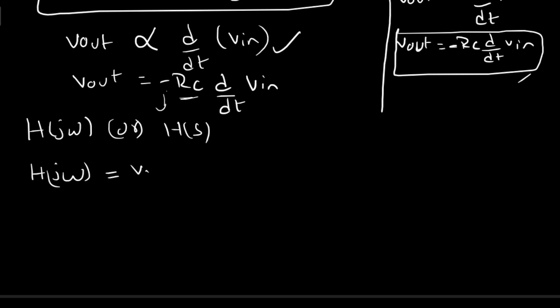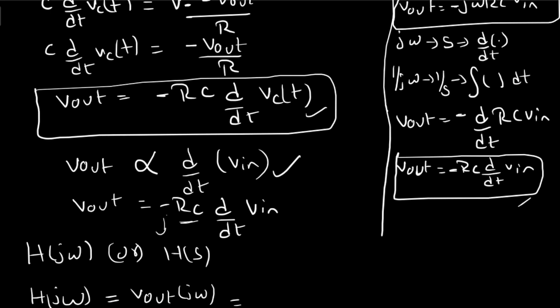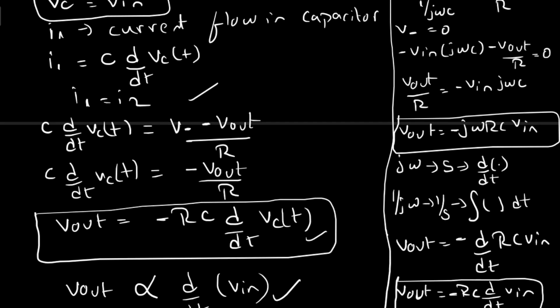If you represent it as H of j omega, the transfer function is nothing but the ratio of output by input. Already we know the output. In terms of j omega, V out equals minus j omega RC V in.